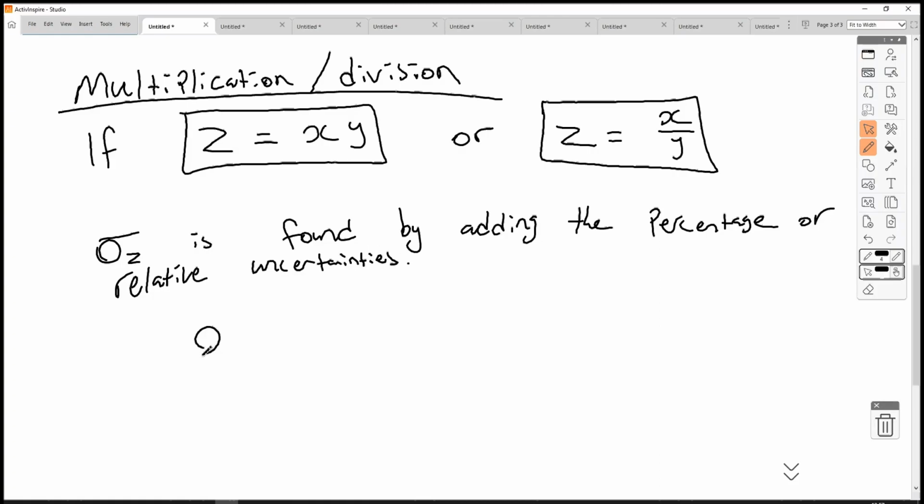So that basically means that the error in z over z is equal to the error in x over x plus the error in y over y.